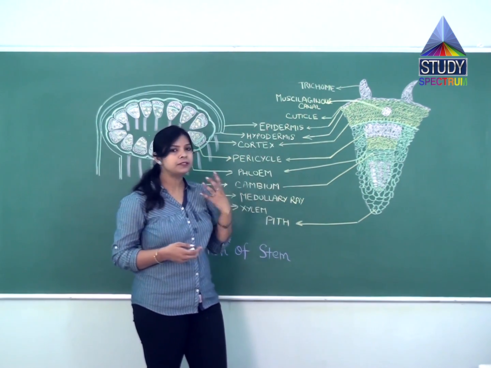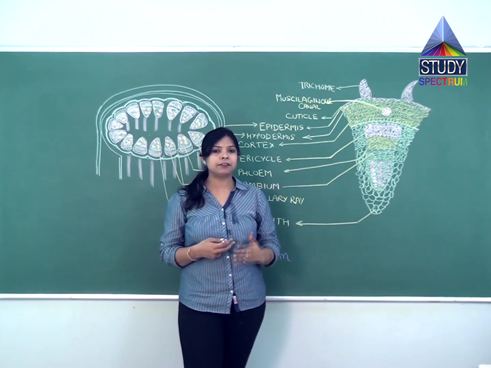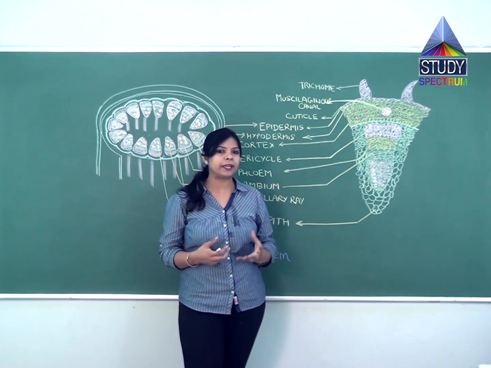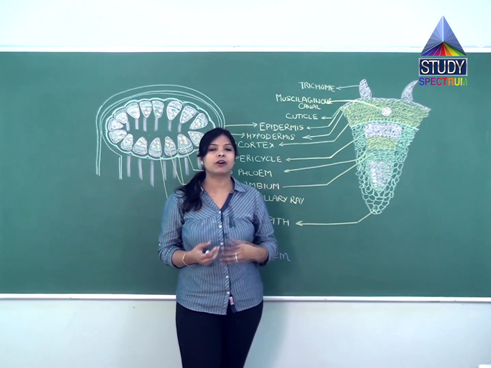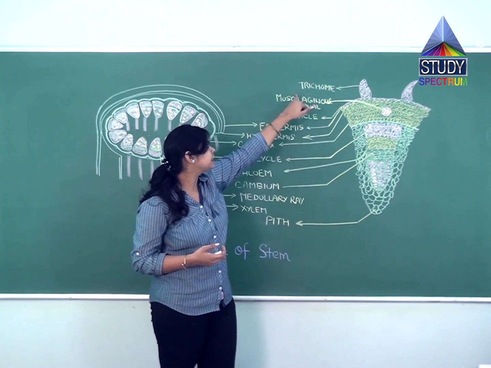These are a few cells you may not know about at this time, but as we start discussing each and every tissue, you will know the work of these tissues and cells.